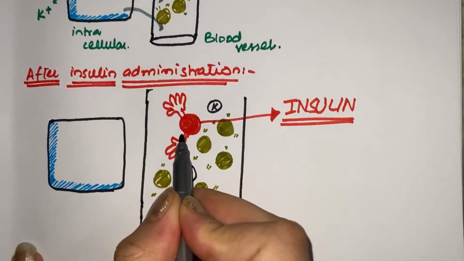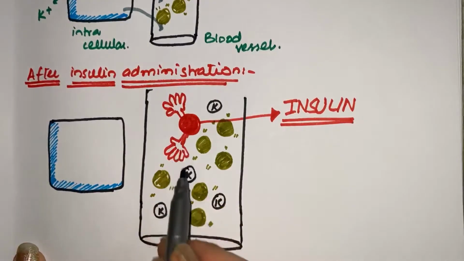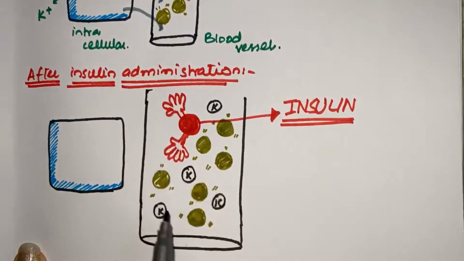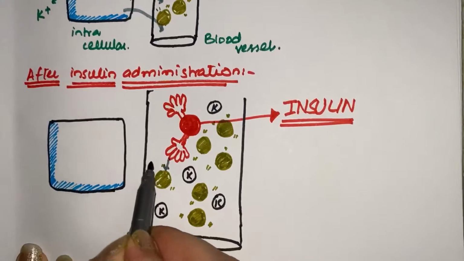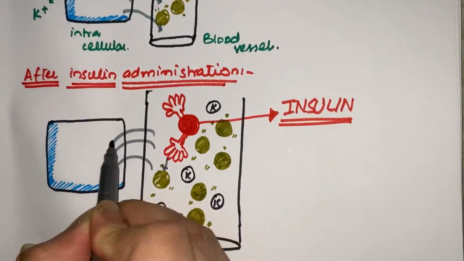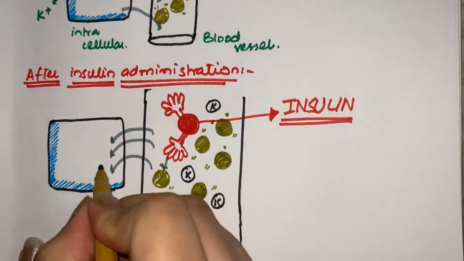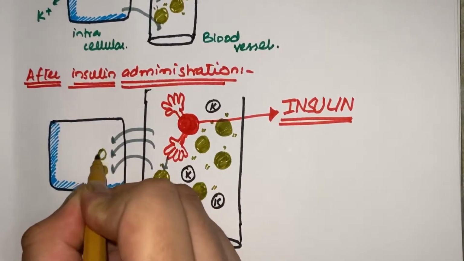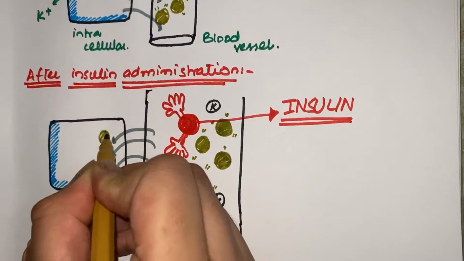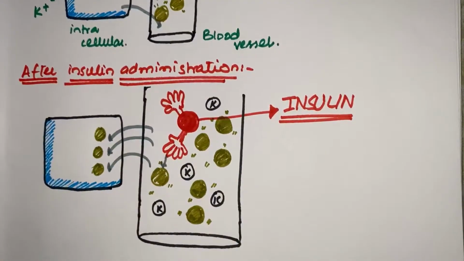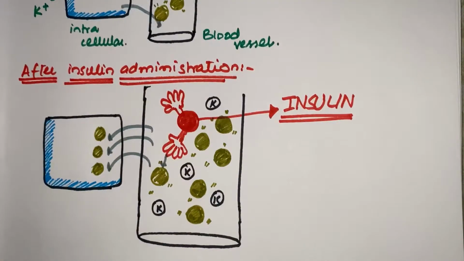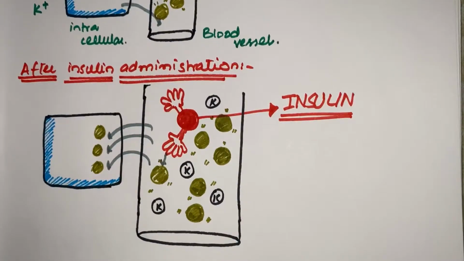With its big hands, it picks up the glucose and puts it inside the cells. It's not just one cell, I've made a single cell for explanation purposes. There will be a lot of cells around, all those cells that utilize glucose for energy, and the insulin dumps the glucose into the cells.